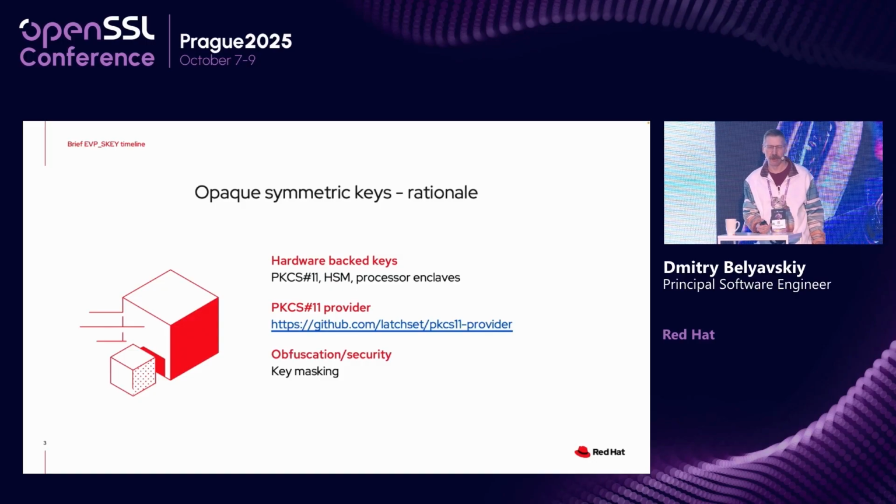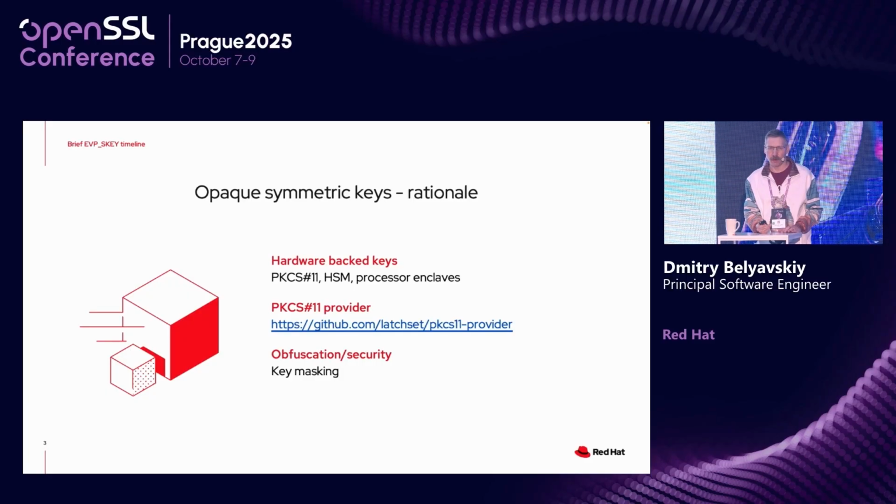PKCS11 tokens, HSMs, TPMs, processor enclaves, you name it. All of them provide extra security, making keys unreachable for the libraries and the software, but allowing calculations to be performed using them.